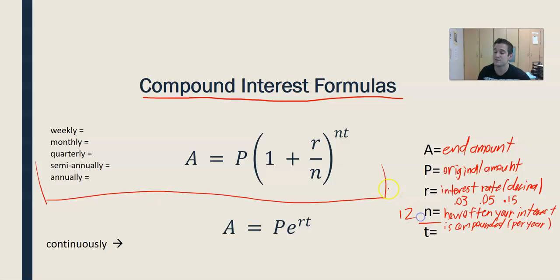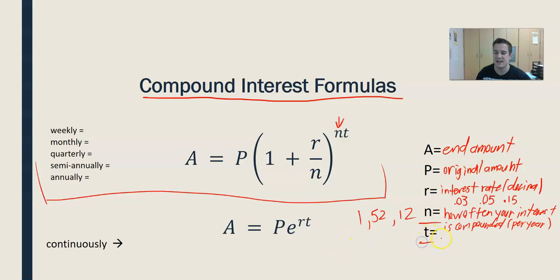Well, that's 12 times in a year. Maybe your interest is compounded every week. Well, that's 52 times in a year. Maybe your interest is compounded only once a year. That would be once a year. So that N number represents how often your interest is being compounded in a year's span.